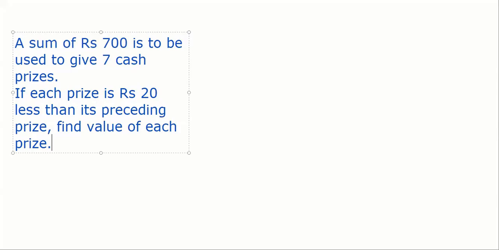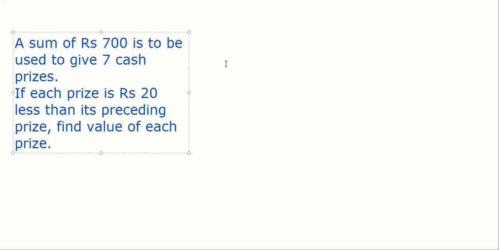Tell me, Dhruv, what is d here? What things are given here? A, d, and sum. What are all the things given, guys? Sir, I think n will be 7 because there are 7 prizes.